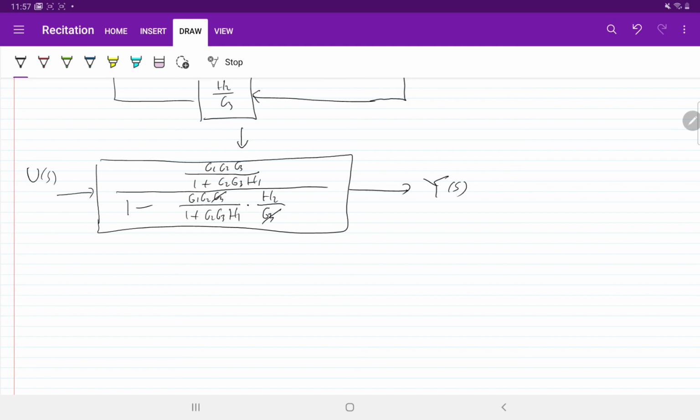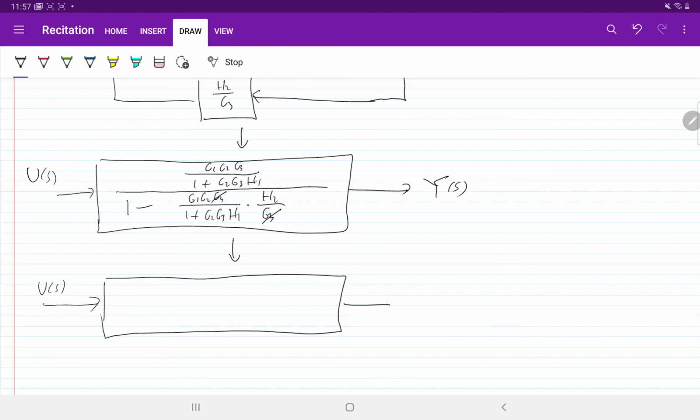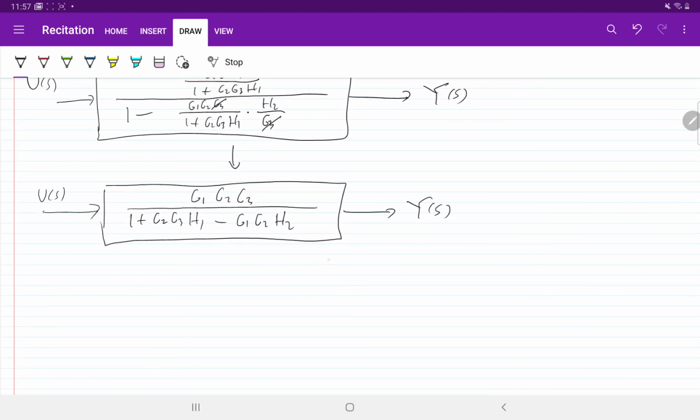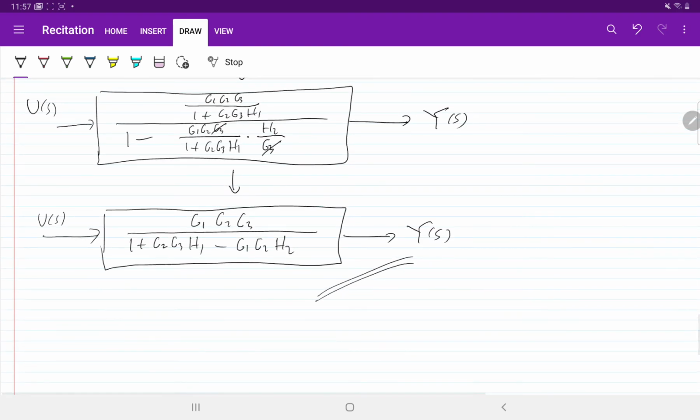G3 cancels, and then you can multiply the numerator and denominator with 1 plus G2 G3 H1. This simplifies further into the final block, which is G1 G2 G3 over 1 plus G2 G3 H1 minus G1 G2 H2. Okay, so this is the final simplified block diagram.